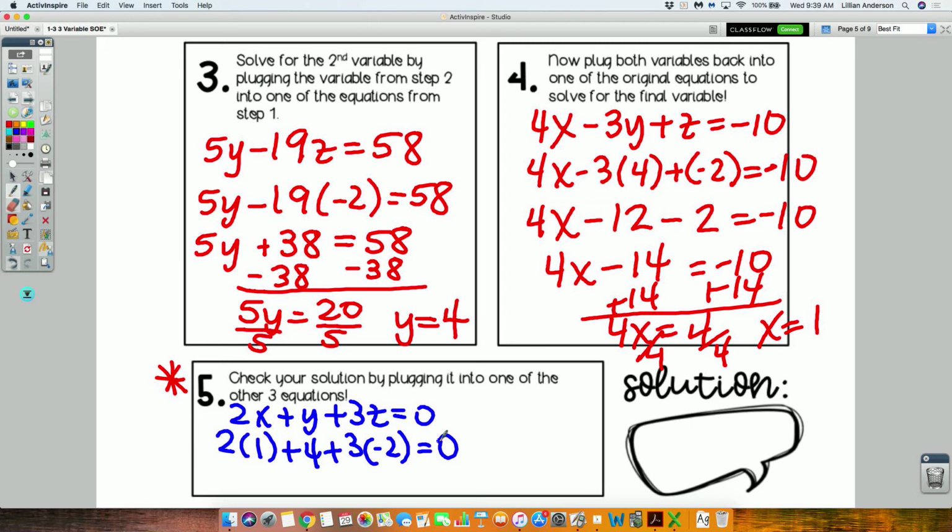What's 1 times 2? Plus 4. What's 3 times a negative 2? Does 4 plus 2 minus 6 equal 0? Yes, it does. So we did a good job. So our final solution, which is written as a point, x, y, then z, just like the alphabet. X, Y, Z.